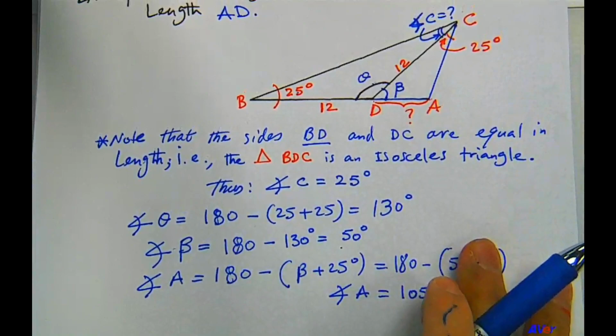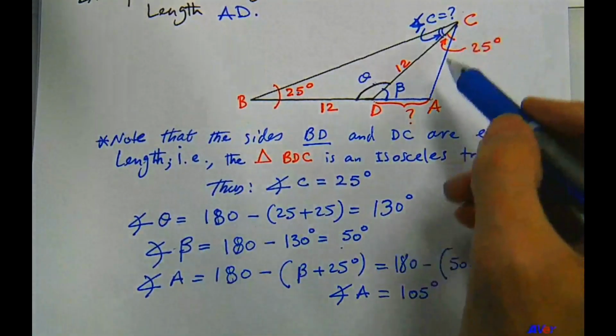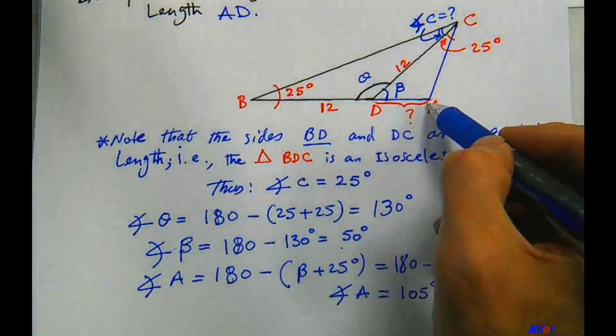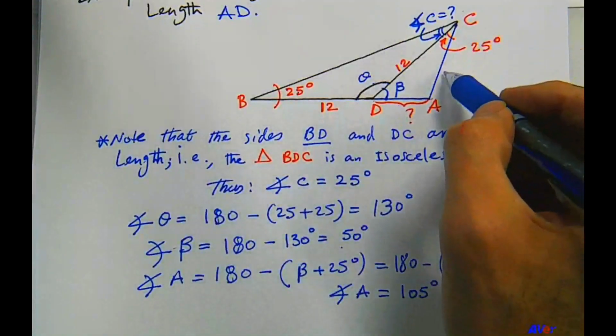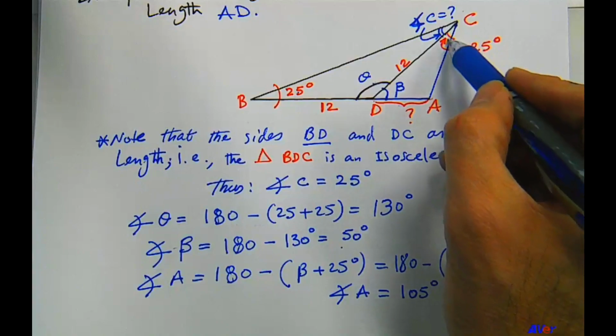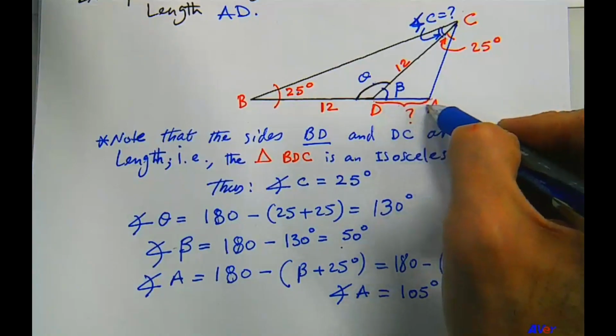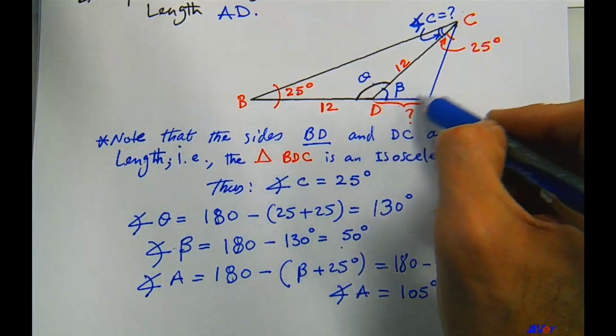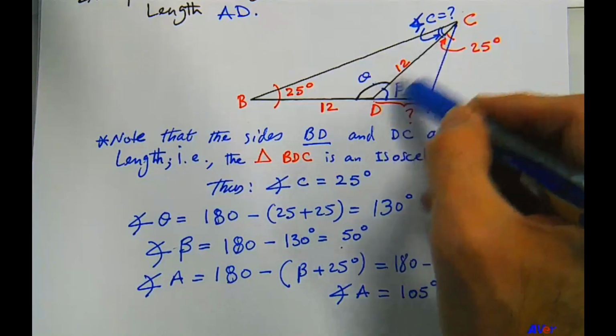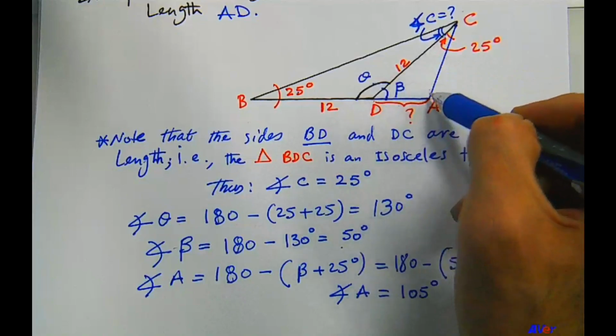By using the law of sines. Once again, we can find AD using the law of sines. How? Sine of 25 degrees divided by AD should be equal to sine of A divided by 12, which is the side opposite to it. So let's write it down.